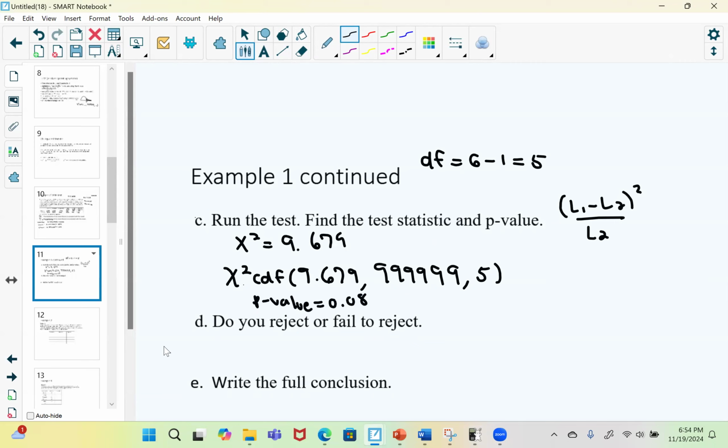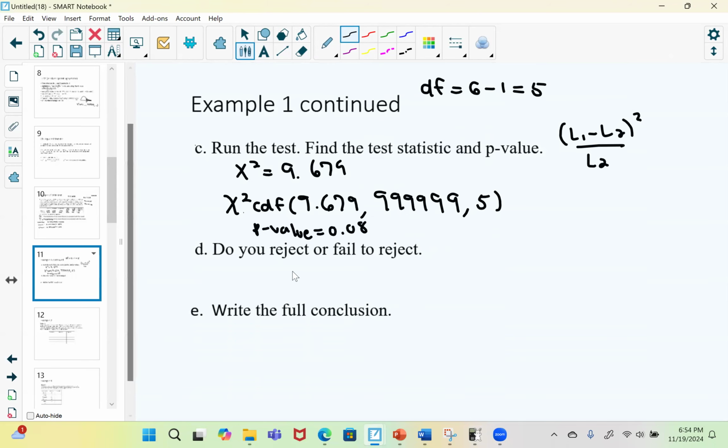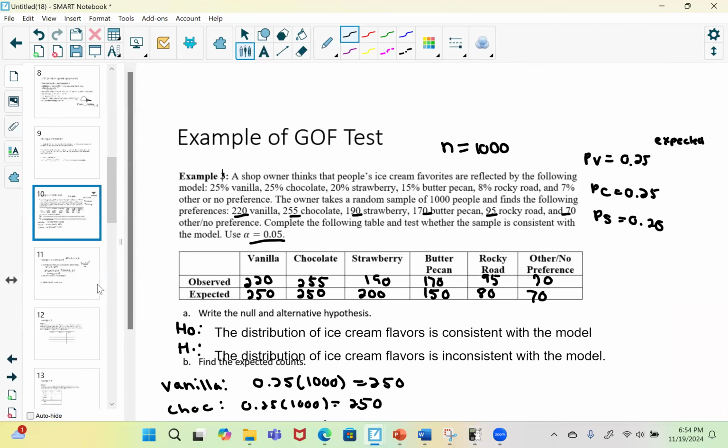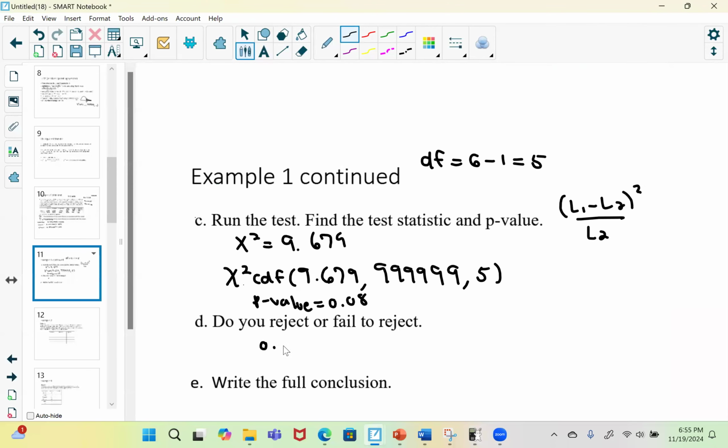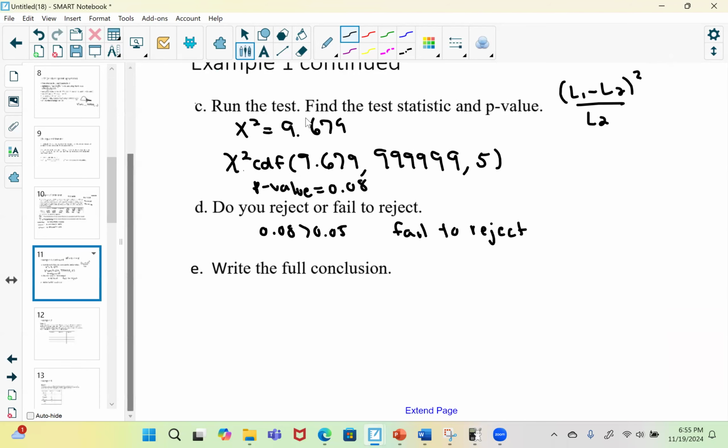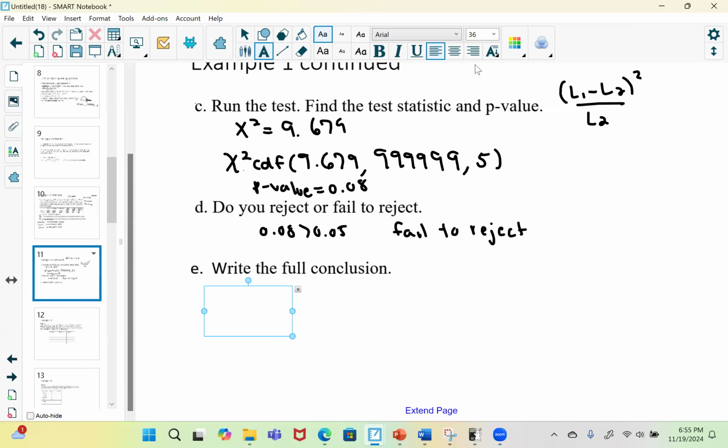Everything else follows from how we do the normal test. Alpha, they said, was 0.05. My 0.08 is greater than 0.05, so I fail to reject. My conclusion is very similar to what we have done so far.